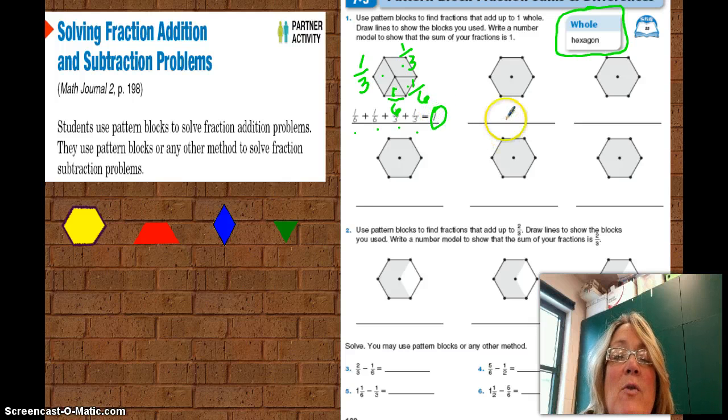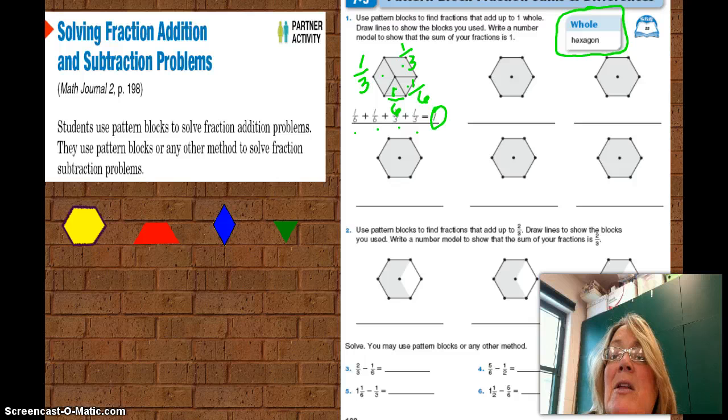So try to do different ones to show how you got it by writing your number model on the line. Be sure to solve using pattern blocks or any other method on the lower one. What I'm going to show you real quickly is another way to do this. You remember when I said earlier that if you have 2 different denominators, you want to make your denominators the same to figure them out.